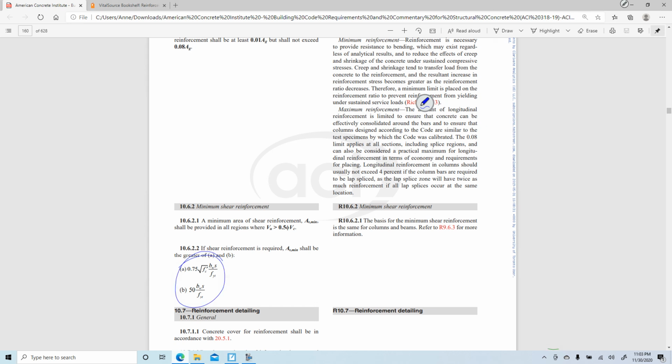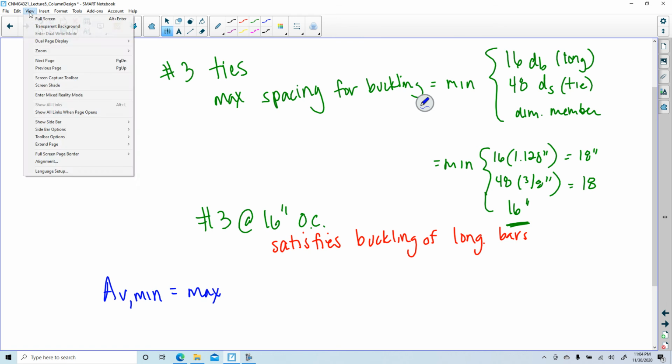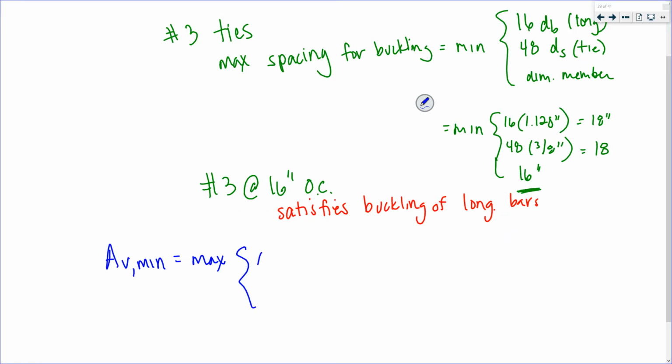So let's see. Because I have a shear force, it's the maximum of 0.75 square root f'c bw s over fy, or 50 bw s over fyt.